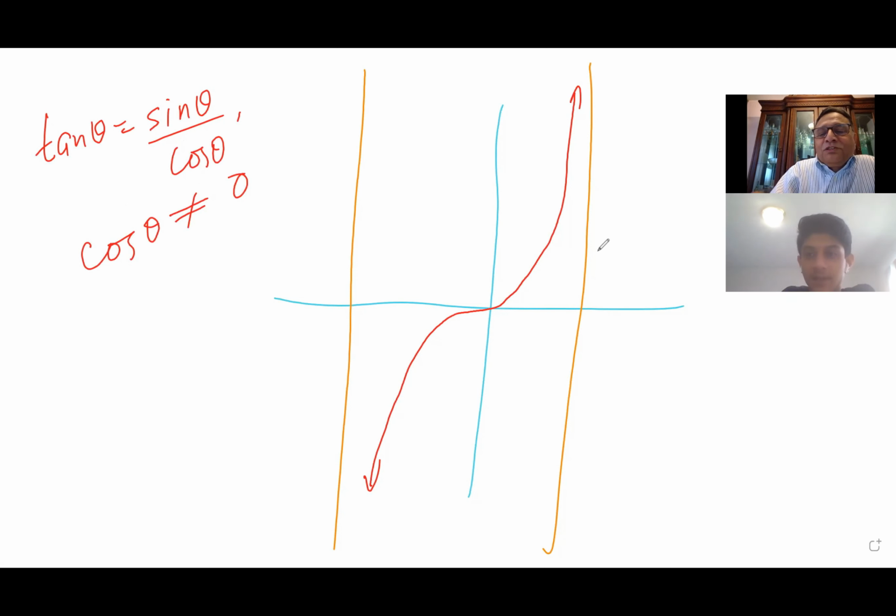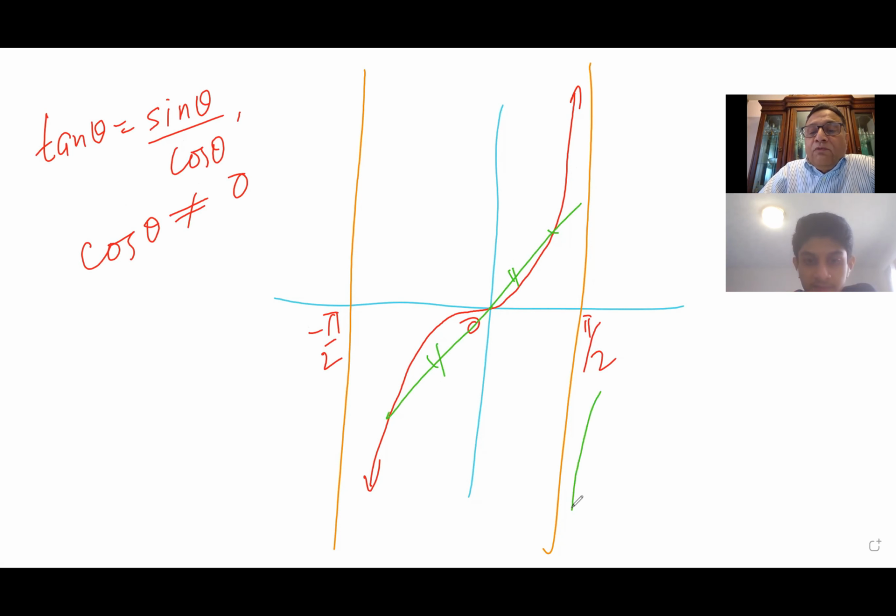So we have vertical asymptotes at pi by 2 and minus pi by 2, and a 0 at the origin. You see the graph is symmetric about the origin, right?